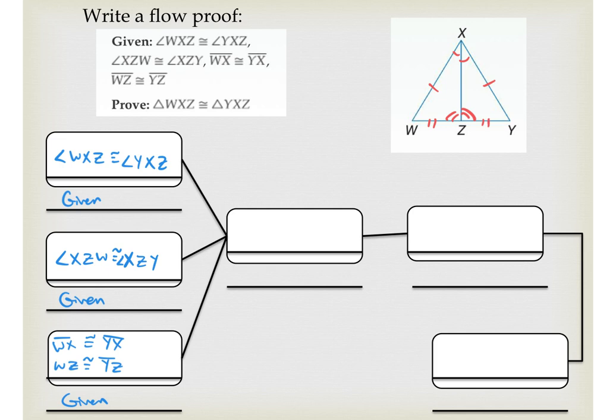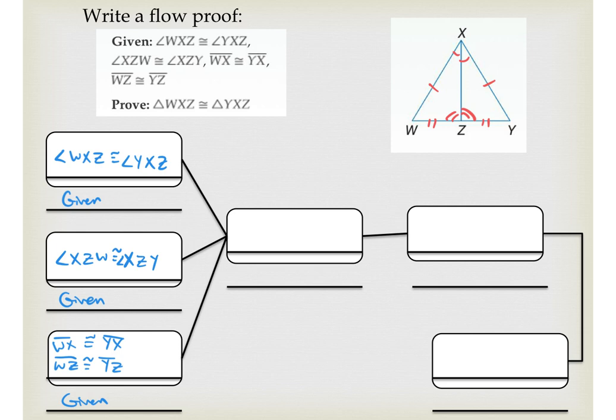All right, well, that's a lot of information. Now, as I look at what I'm trying to prove, I see that I have to prove the two triangles to be congruent, okay? Which means I need the other two pieces that I'm missing, because I only have two angles and I only have two sides.